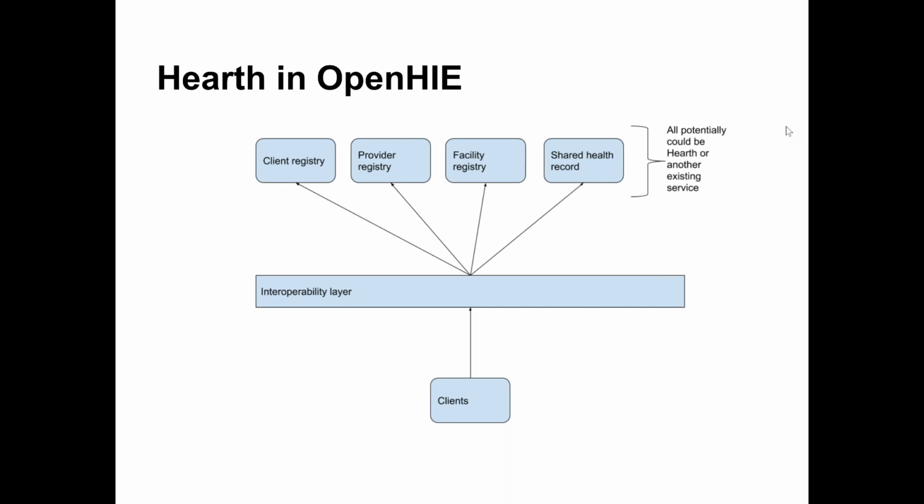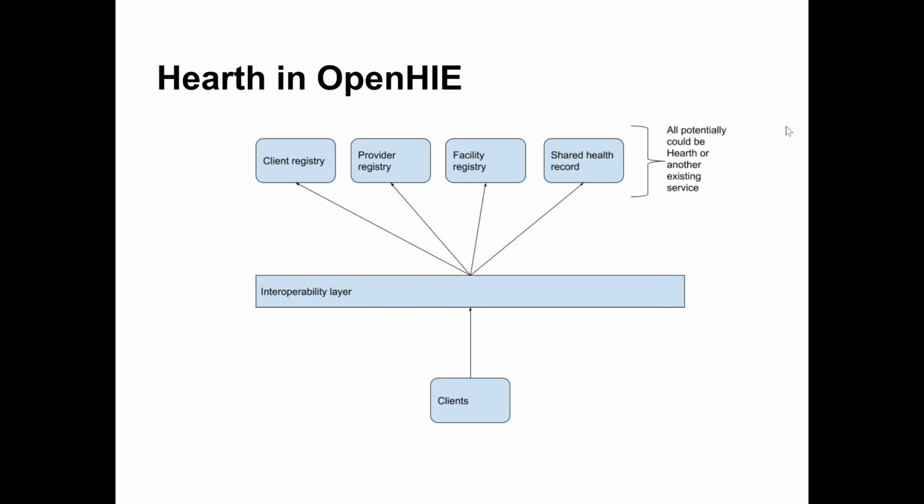You can see at the bottom here, I've got clients of a health information exchange with, in the middle, an interoperability layer that can route to various services that sit either at a national or district level or whatever it may be, depending on the health information exchange implementation. So we've got a client registry, a provider registry, facility registry, and shared health record. All of those could potentially be a Hearth instance.